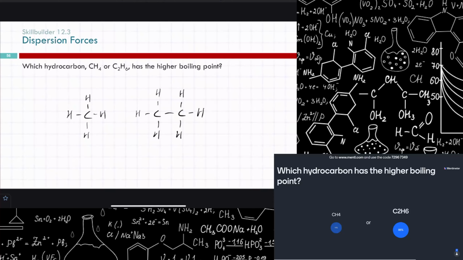I'll post this again. It's on the top of the slide, which might be too small to read on your computer or phone. If you go to menti.com and type in this code, it should pop this up and you can vote there. This is something that we'll use for in-person classes as well. It's completely anonymous.